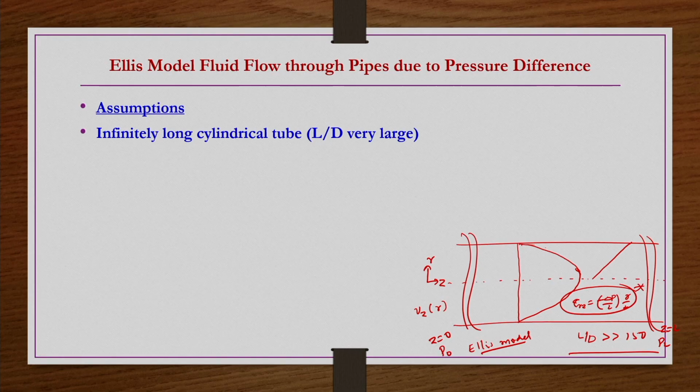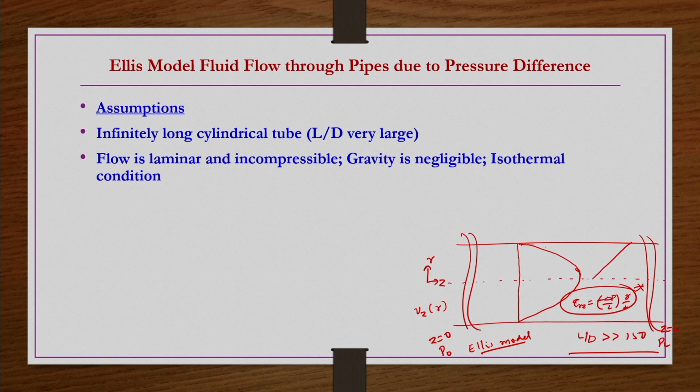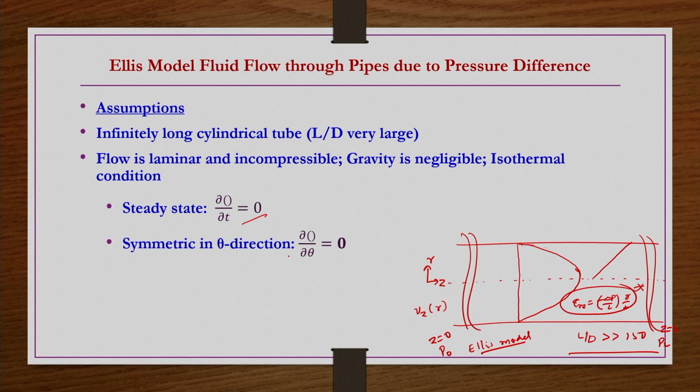Assumptions: infinitely long cylindrical tube, that is L by D is very large, and flow is laminar and incompressible. We are not considering gravity, and the flow is isothermal. Then steady state, symmetric in theta direction, and fully developed flow.